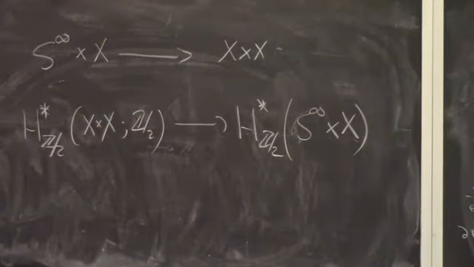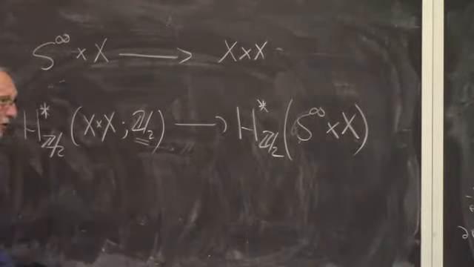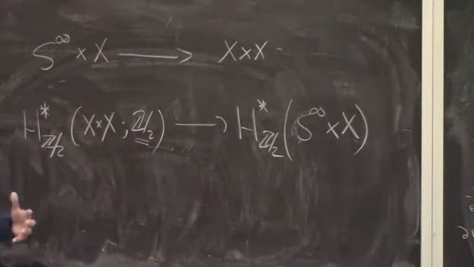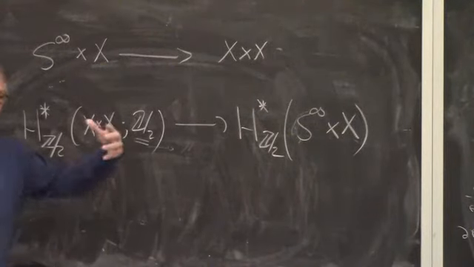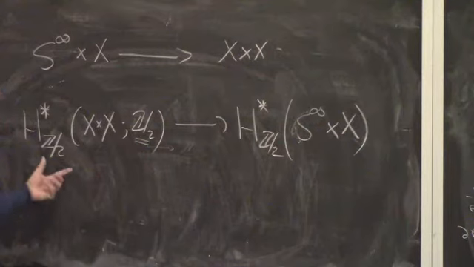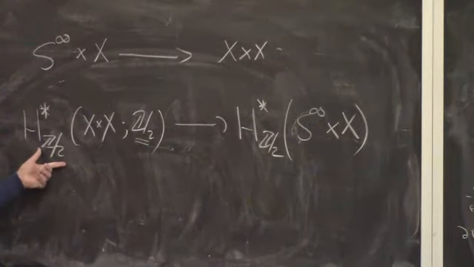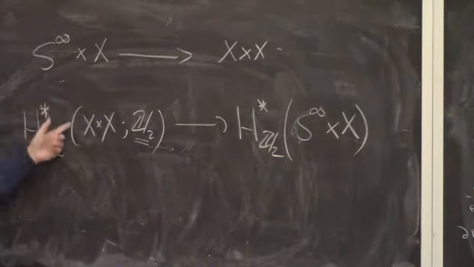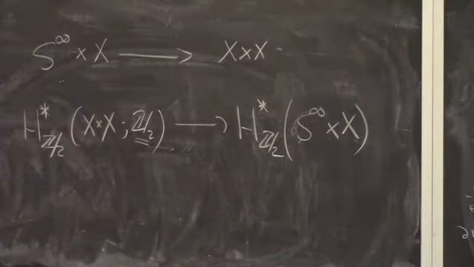Okay, so this is the coefficients I'm using for cohomology. I'm taking homomorphisms of the chain complex to Z2. This is a different Z2. This is the group that's acting, and this is my symbol for equivariant cohomology. So if X has a finite group, or sorry, discrete group acting, then you talk about the equivariant cohomology of X.